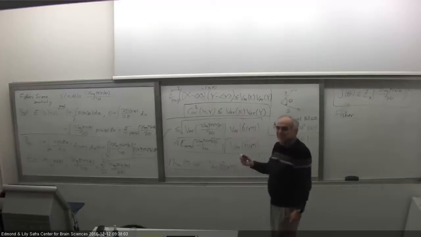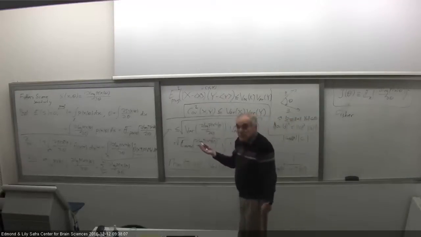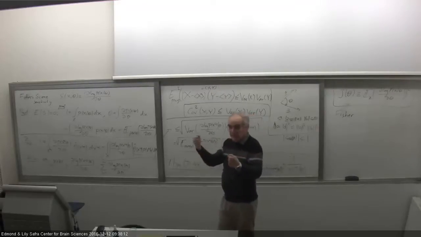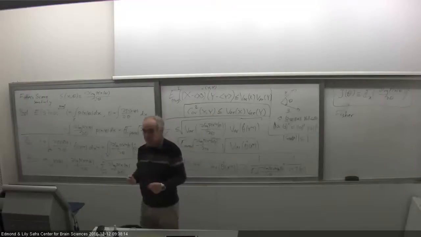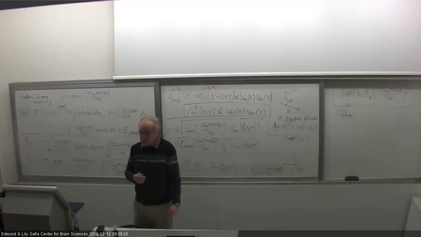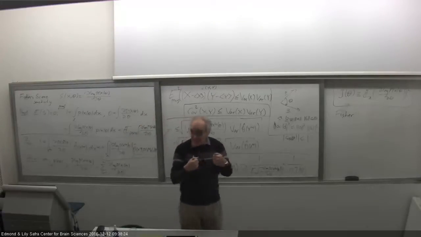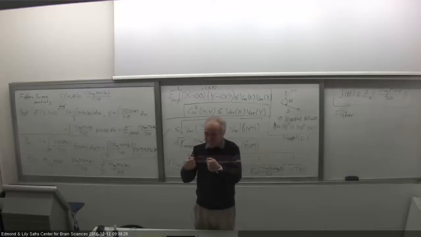But actually, this version where I subtract the mean is a stronger inequality, because this is always less than the square root of the second moment of x times that of y. So even if you don't use the mean, I still get an inequality in the right direction. If I subtract the mean, this is the lowest possible covariance, I mean, the lowest possible correlation.